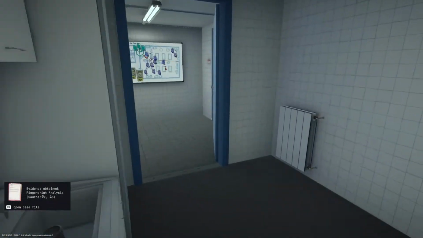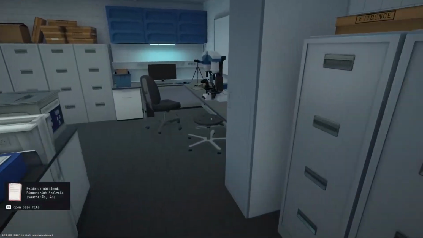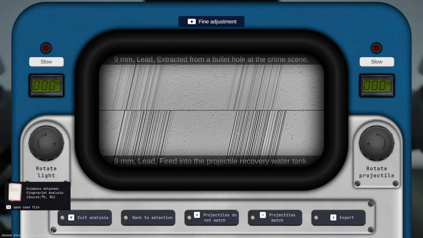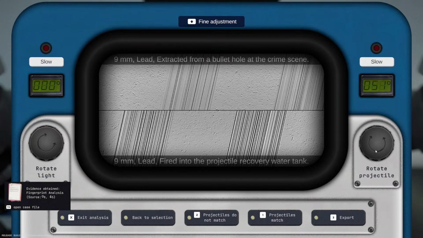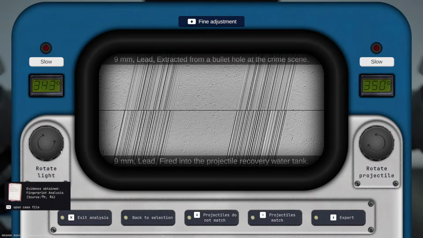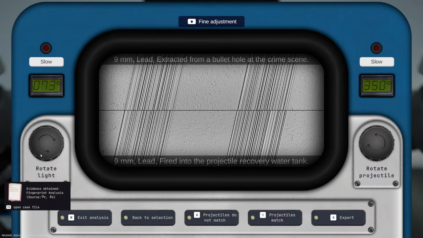Okay, let's go compare the projectiles. 15 and 75. Okay.